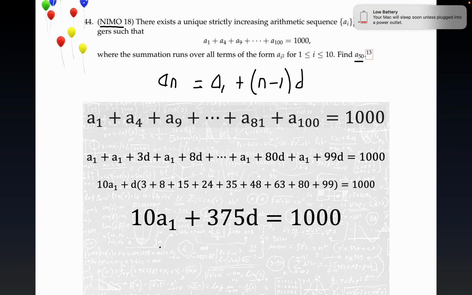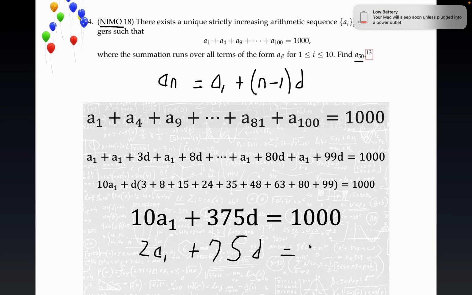So when we divide by 5, we get a sub 1 times 2, plus 5 times 75 is 375, so we have 75d here. And then we divide through by 5 right here, we get 200.